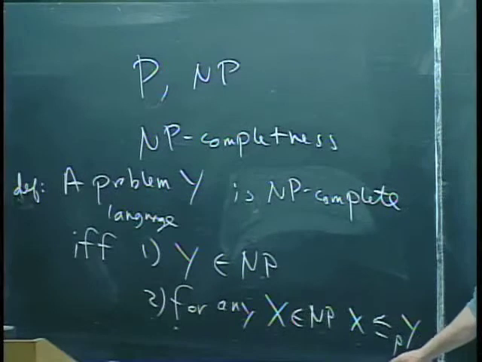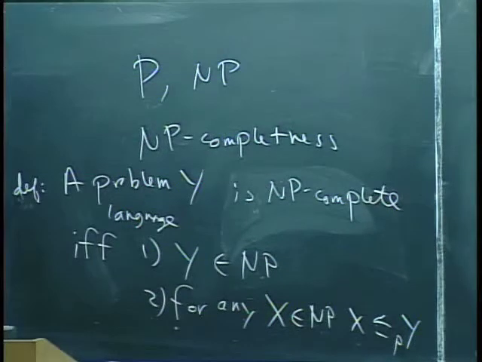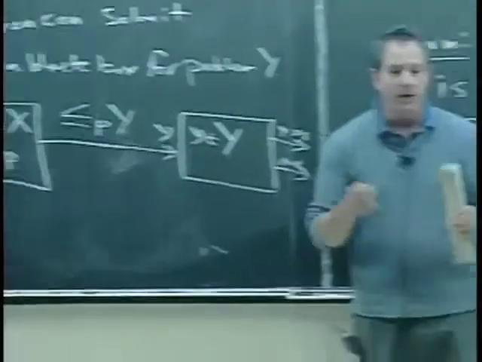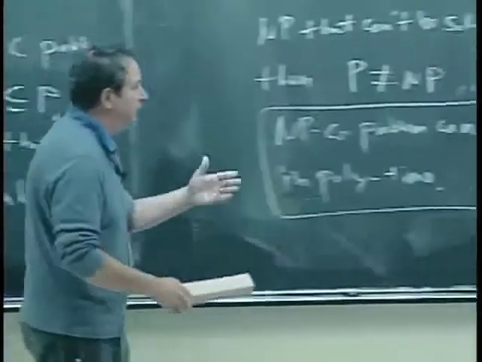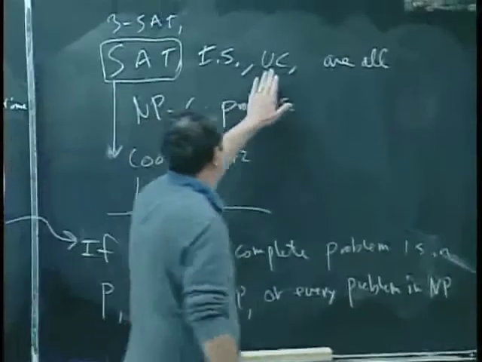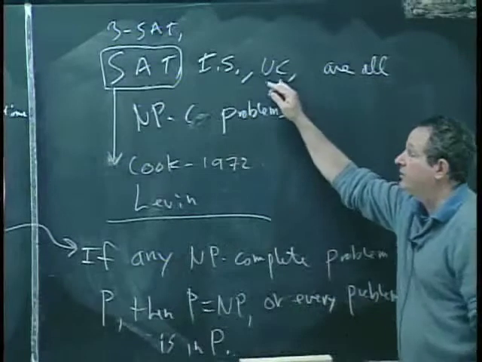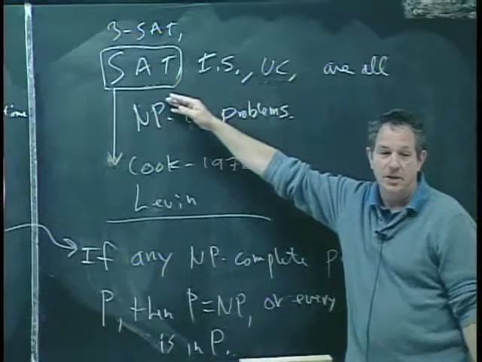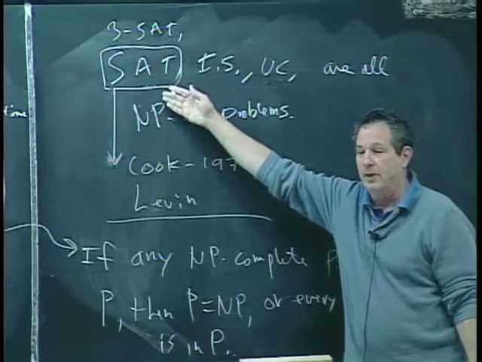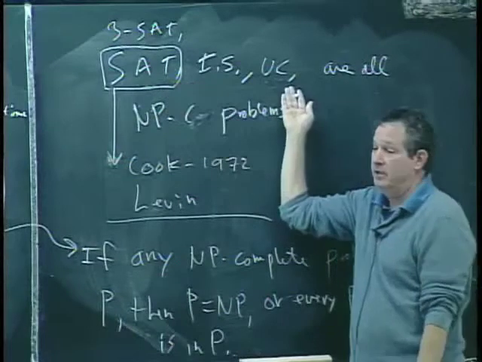If you have a polynomial time algorithm for one NP-complete problem, you have a polynomial time algorithm for all NP-complete problems. Okay? So when I was working on vertex cover, I thought I was just working on vertex cover, but really I was working on SAT too. And when you were working on SAT, you might have thought you were just working on SAT, but you were also working on vertex cover.